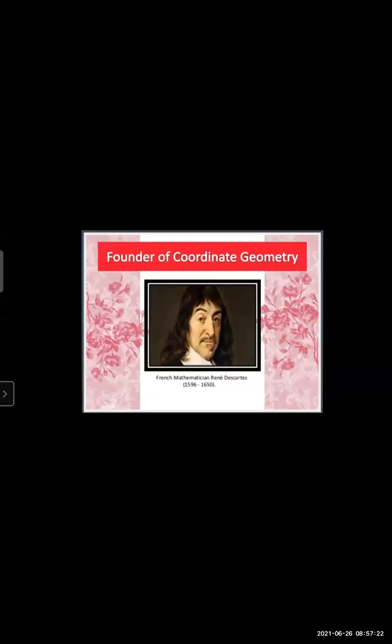So we define coordinate geometry as a system of geometry where the position of a point on the plane is described using an ordered pair of numbers. The founder of coordinate geometry is the French mathematician René Descartes. He was the founder of coordinate geometry.